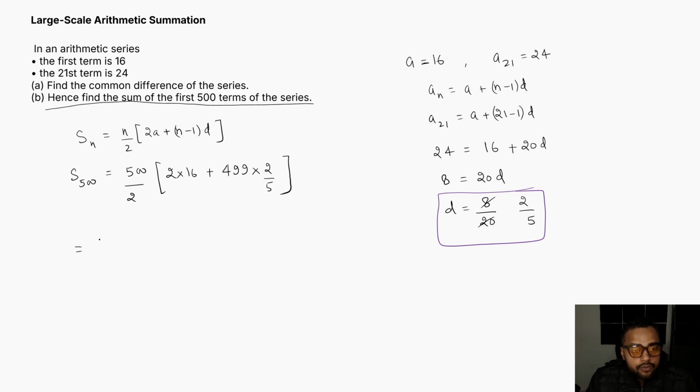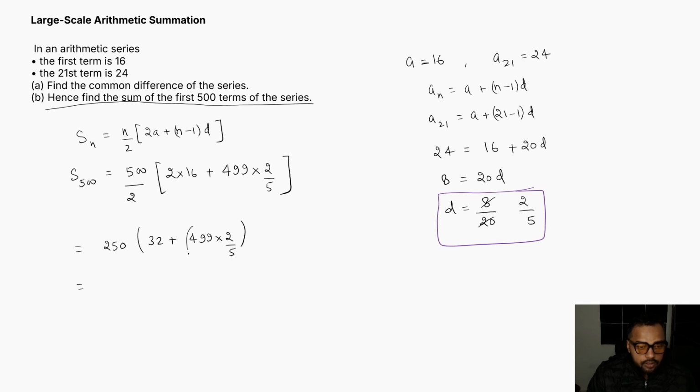So this is the sum of the 500 terms of this series. We can calculate it from here. So we'll get 499 times 2 by 5, that is equal to 199.6.